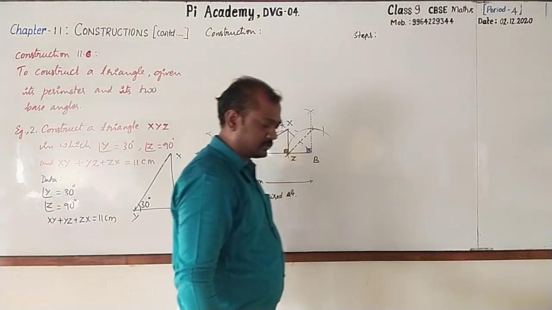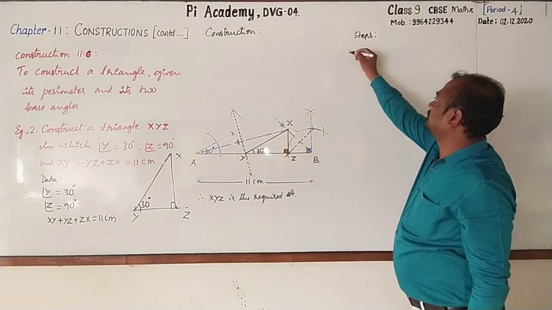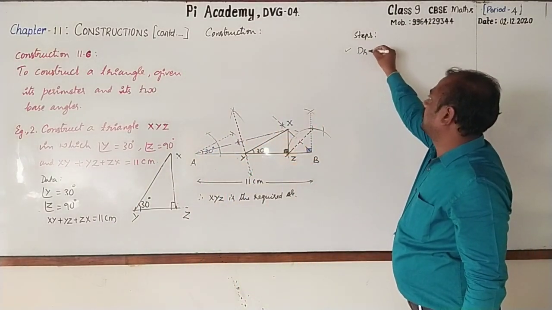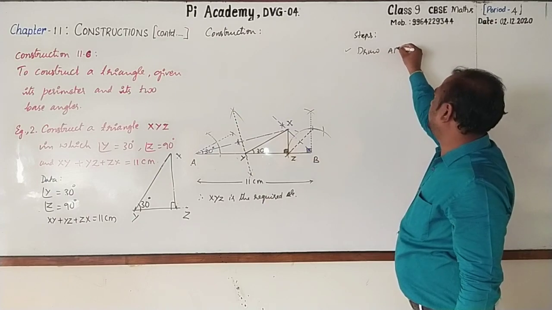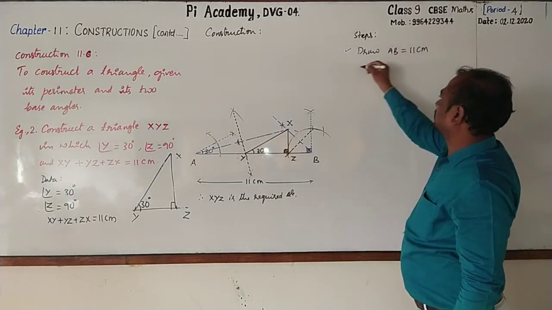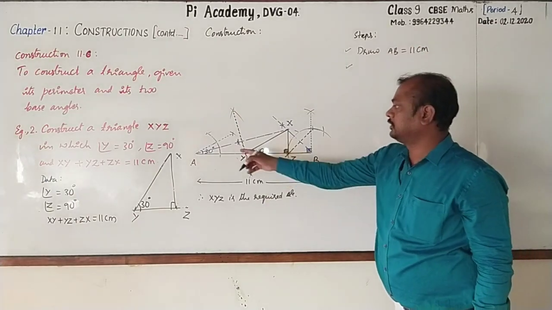Followed. Next one. Write the steps of construction. First one. Draw AB equal to 11 centimeter. Second one.